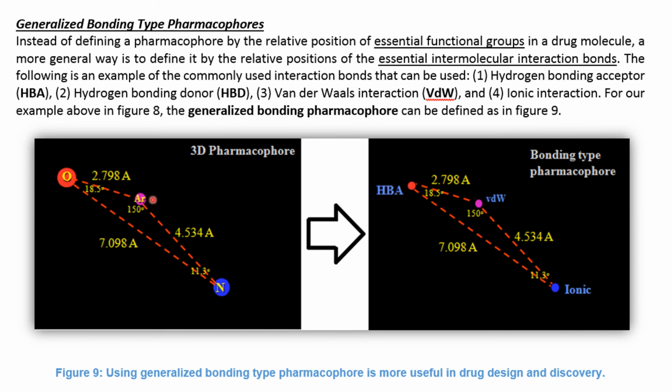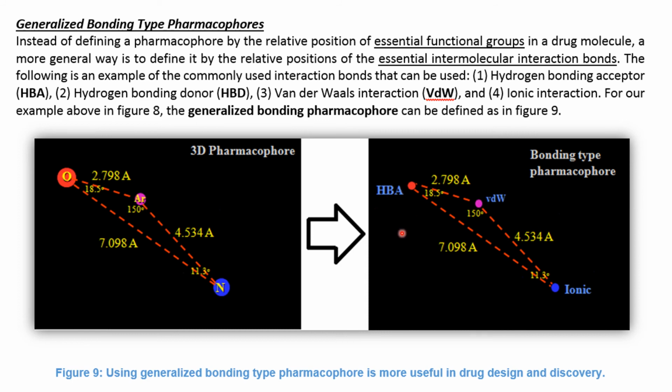This aromatic benzene is responsible for making van der Waals interactions, and finally this nitrogen, the quaternary nitrogen, is responsible for making an ionic interaction. Once we define the type of interactions, again we define the relative positions of these interactions in space. This form here is called the generalized bonding type pharmacophore.